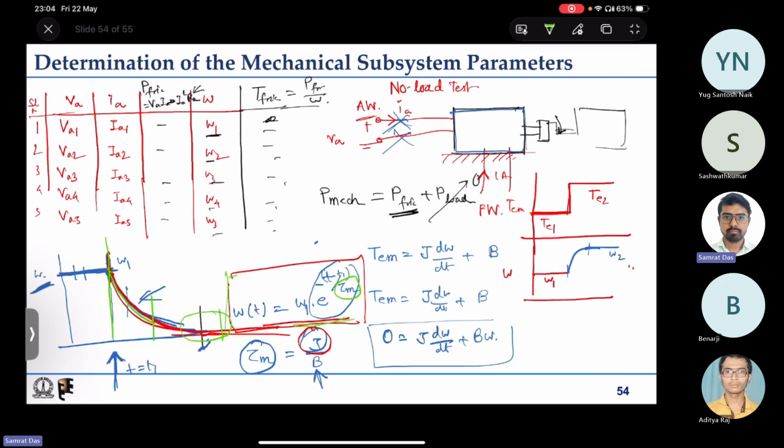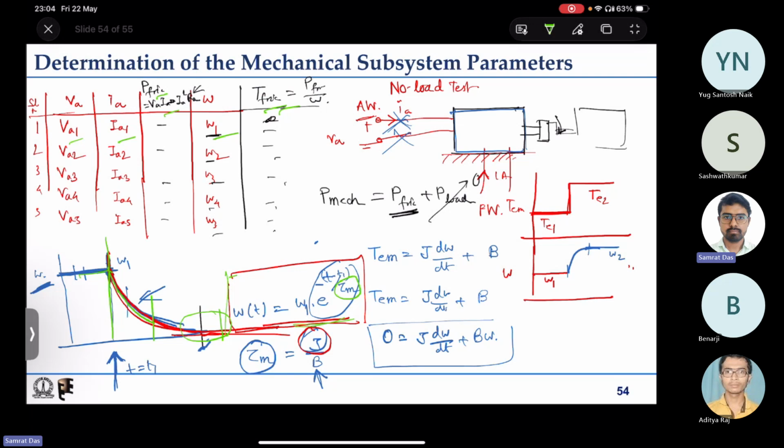Next is the mechanical subsystem. We can do no load tests, run the motor under no load for different cases, measure the input voltage, input current, and speed, and run similar experiments. We can get the frictional torque, frictional power, and plot the frictional torque with speed, get the slope, that is B. Now we can do a deceleration test or an acceleration test.